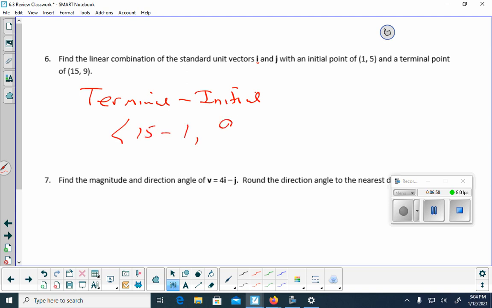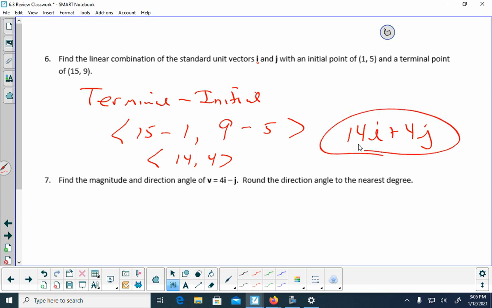My terminal y would be 9 minus my initial, which is 5. And so when I do that, I end up with 14, 4. So that is it in component form, but the question asked me to give it in a linear combination. So I'm going to have to rewrite that as 14i plus 4j. And that would be my final answer.